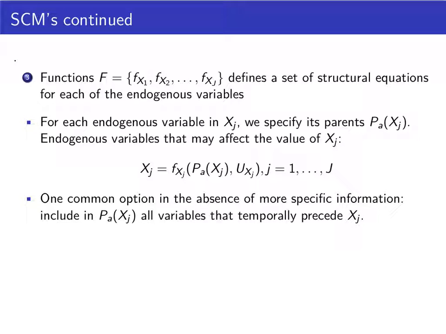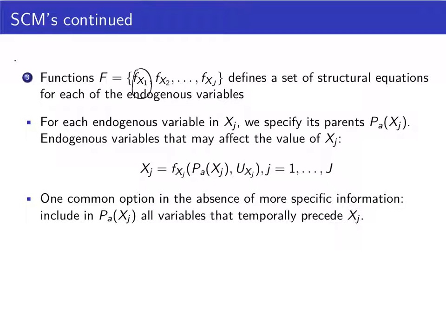Finally, the last component is the functions that relate them. So we'll just define them. The notation is fx1 is the function that produces x1. fx2 is the function that produces x2.